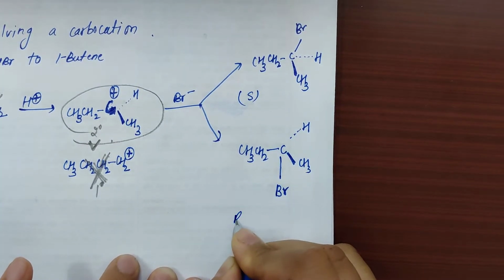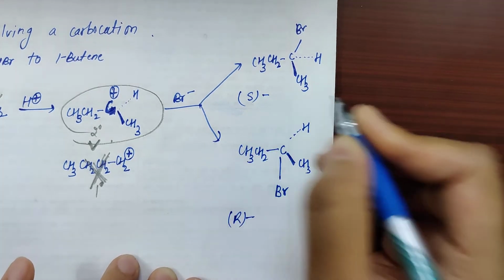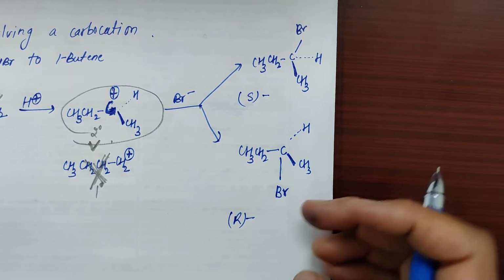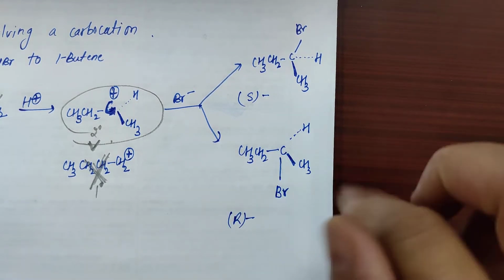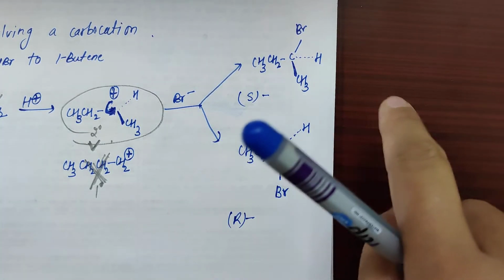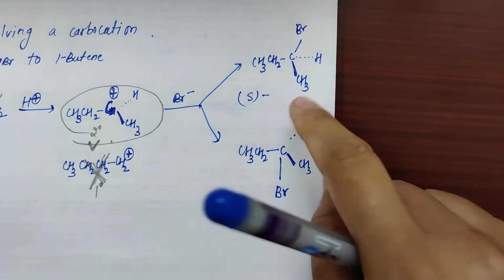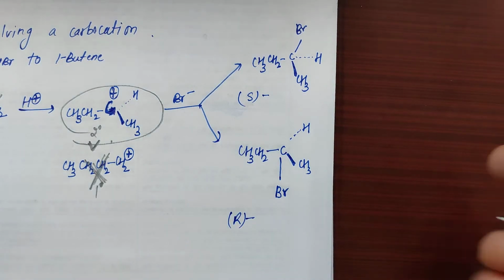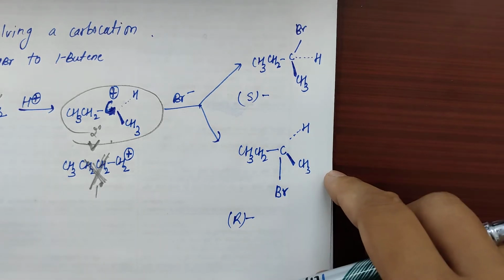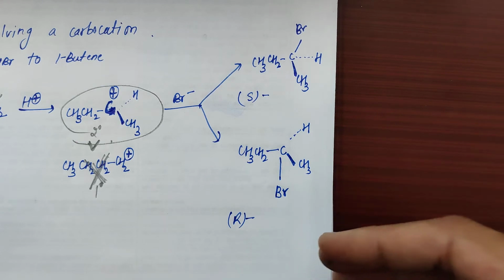You will be practicing this RS assigning for these molecules. Either you imagine the molecule in 3D and then assign the RS nomenclature, or you convert these to the Newman projection or Sawhorse, or whichever projection lets you clearly assign the RS nomenclature.